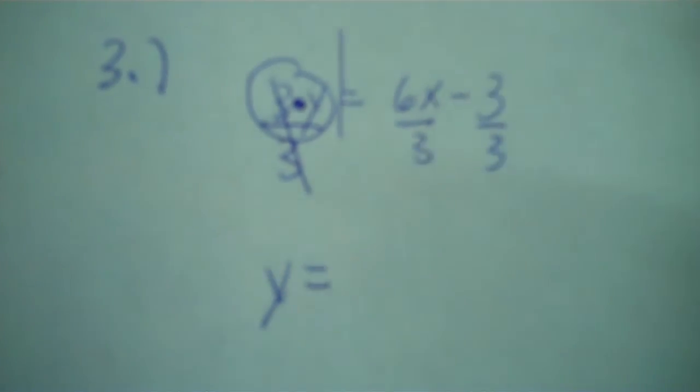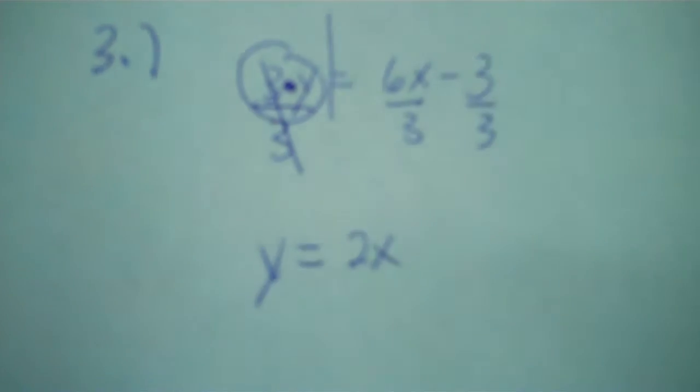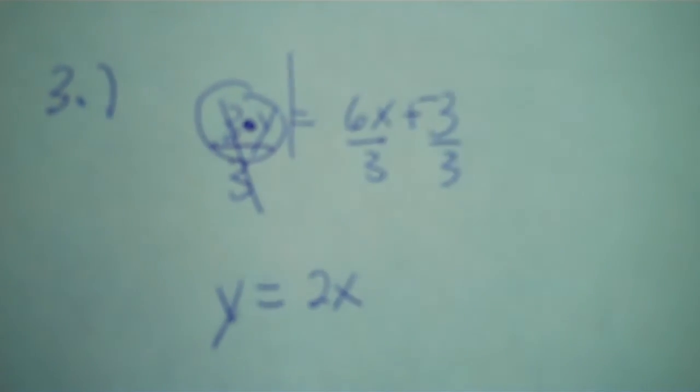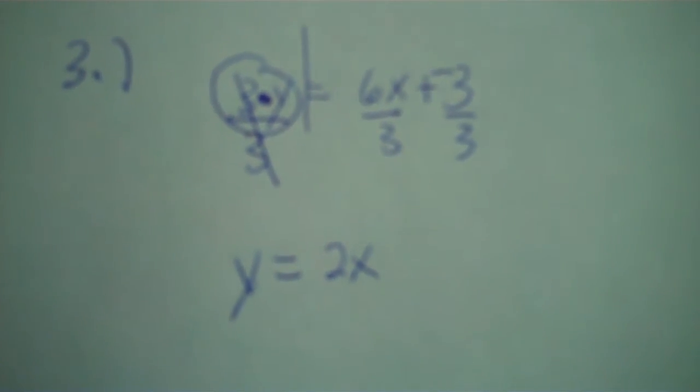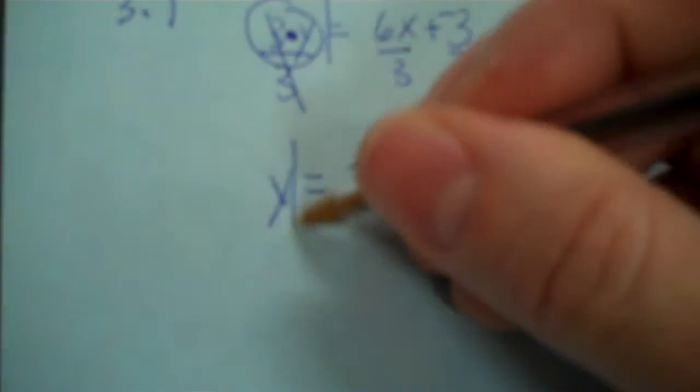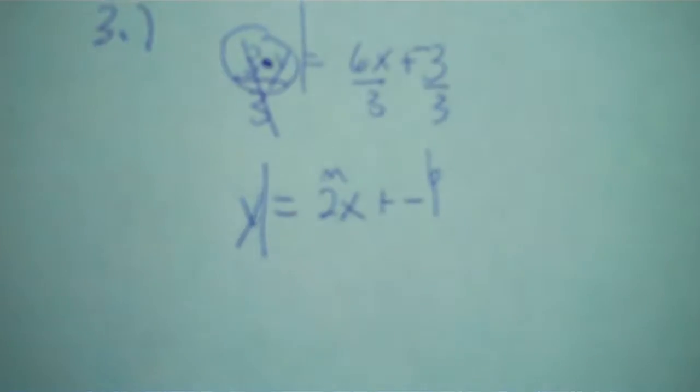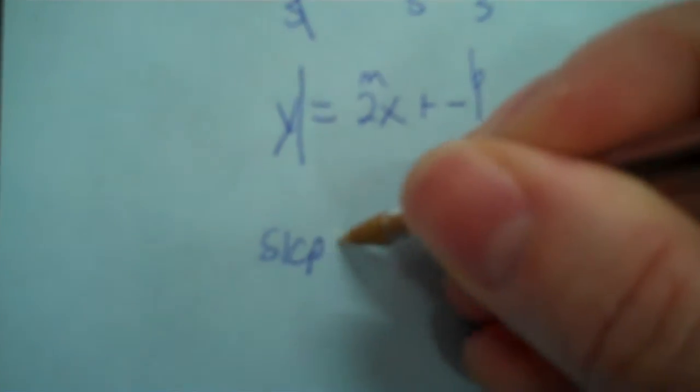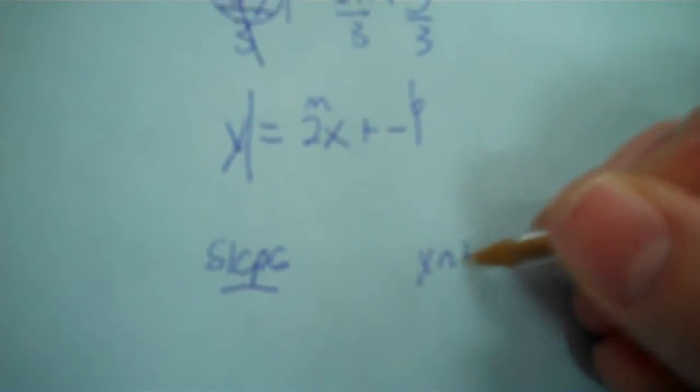So 6 divided by 3 is 2x, and then negative 3 divided by 3 is negative 1. Now you have your m and your b. So the slope is 2 over 1, and minus 1 is the y-intercept.